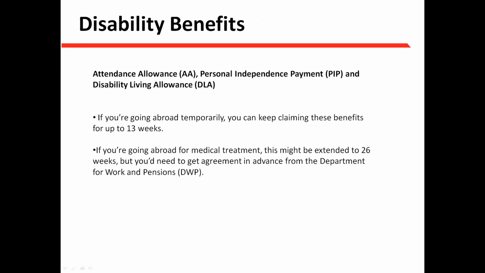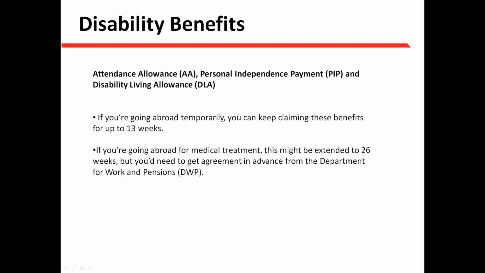So let's think about disability benefits. These are Attendance Allowance, Personal Independence Payment, and Disability Living Allowance for both adults and children. Now, if you're going on holiday in the UK as a disabled person yourself, your benefit is not going to be affected. So if you take your carer with you, then their benefit isn't going to be affected.